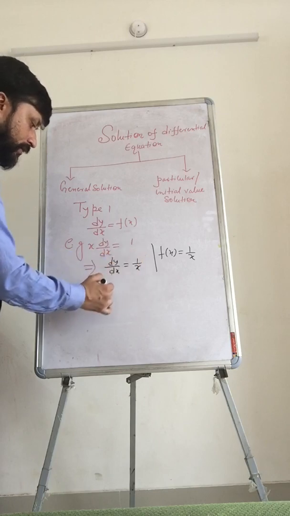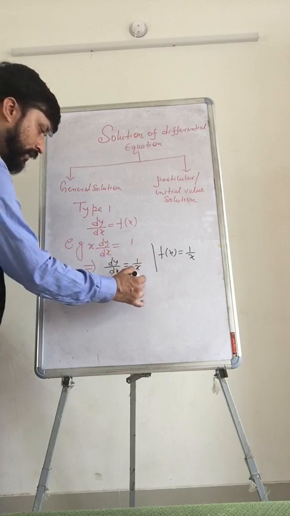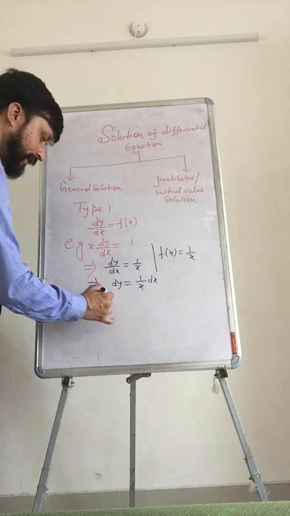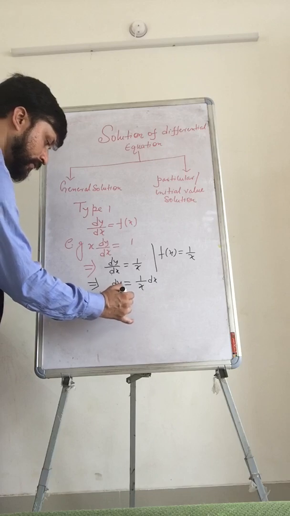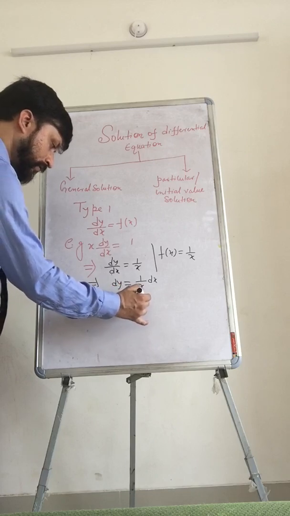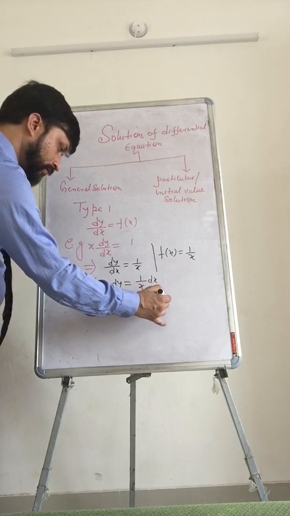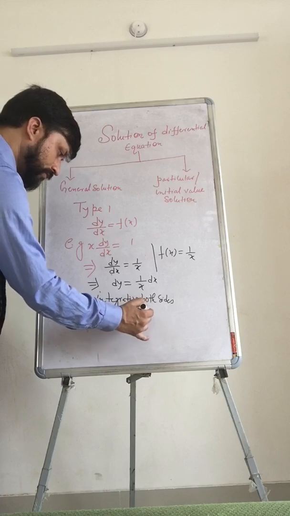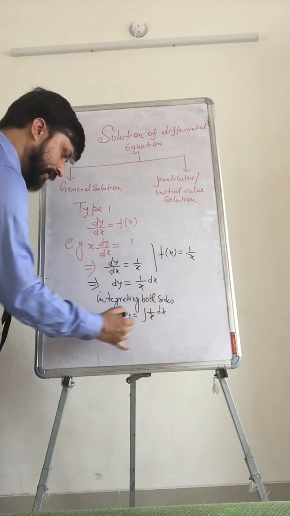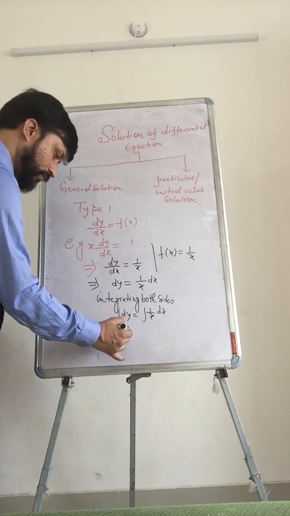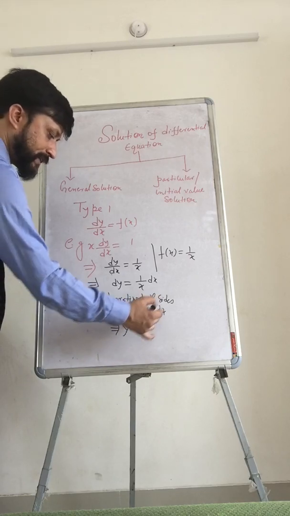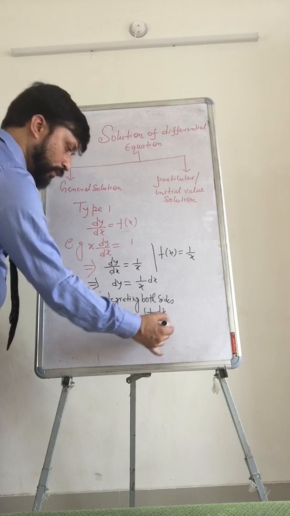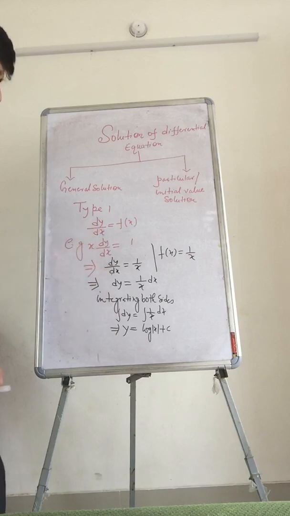Cross multiplying, we get dy equal to (1 by x) dx. Then integrating both sides: the integration of dy is y, and the integration of 1 by x dx is log x plus c, which is the solution of the given differential equation.